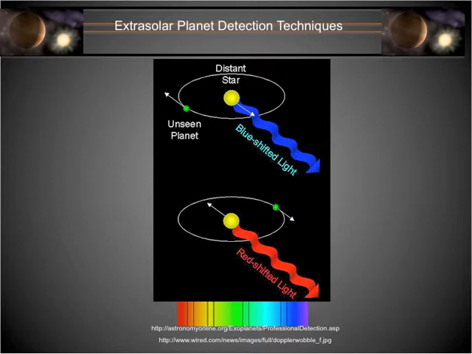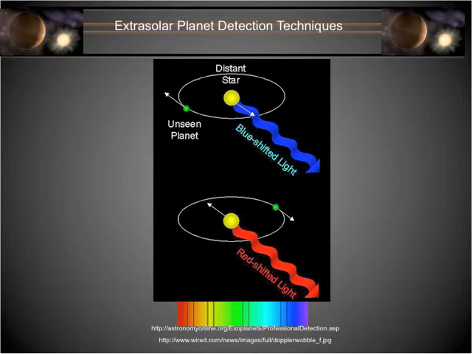But basically what happens with this technique is that you first see the lines, perhaps where they should be. And then you look a little bit later and you notice that the lines are no longer where they were. Instead, now they're blue shifted.